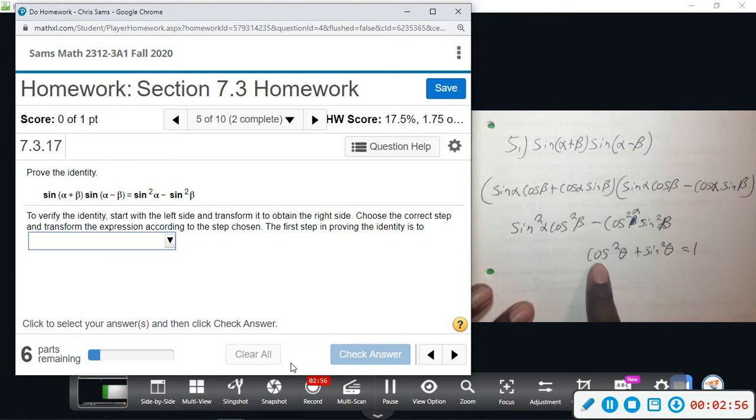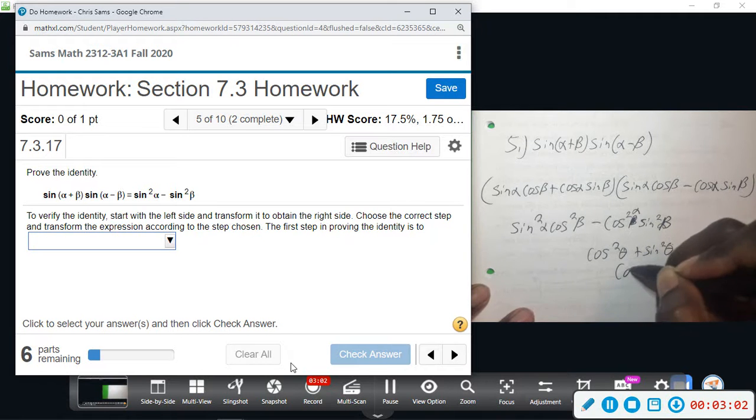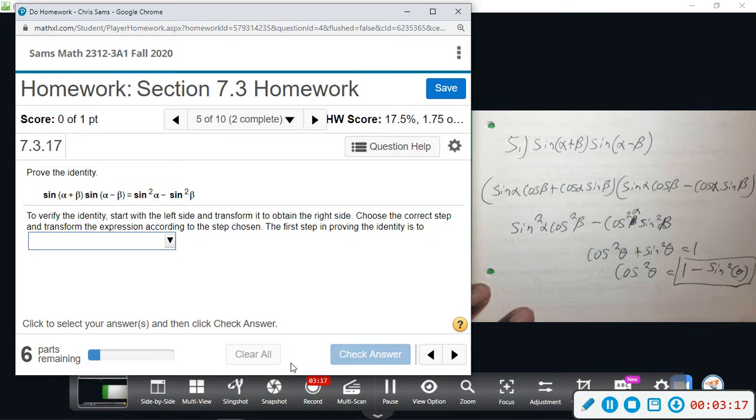So if we apply this to the cosine part, because we want sines, we can subtract and we'll be using this formula: cosine squared theta equals 1 minus sine squared theta. Alright, so we're going to be substituting this form for the cosines.